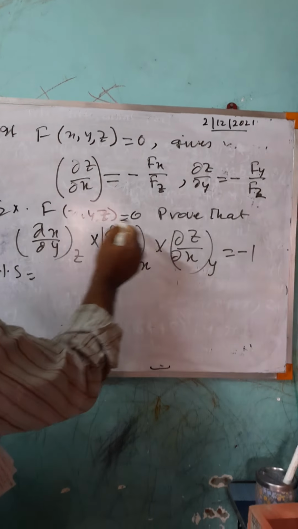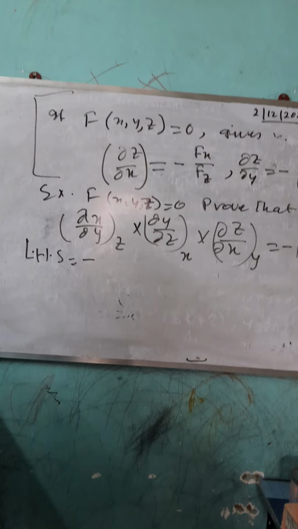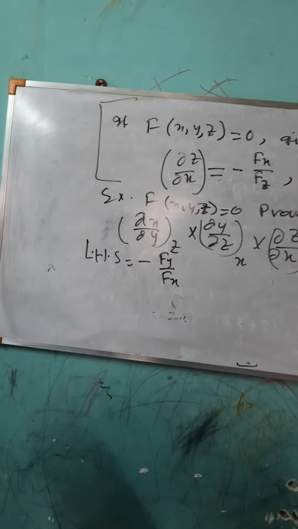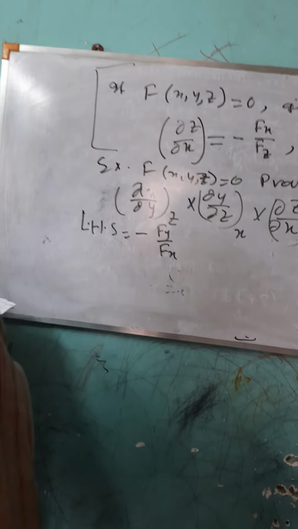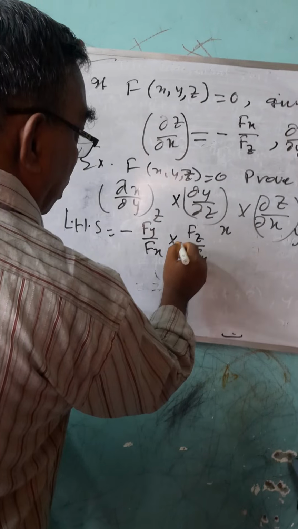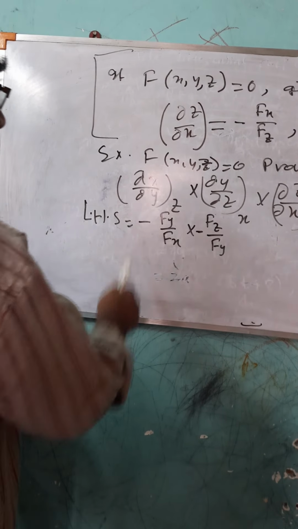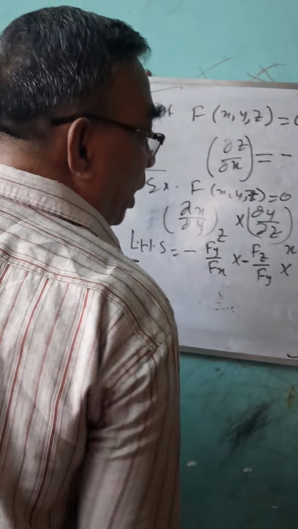According to this formula, this can be written as minus fy by fx when z is constant, into minus fz by fy when x is constant, that means x will not come here, into minus fx by fz, where y is constant, y will not come here.